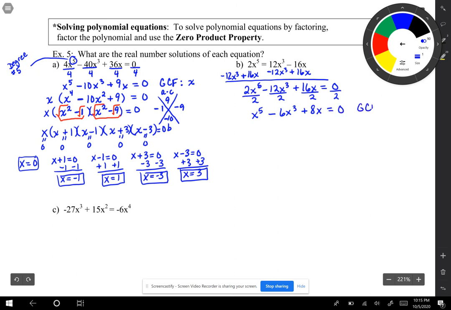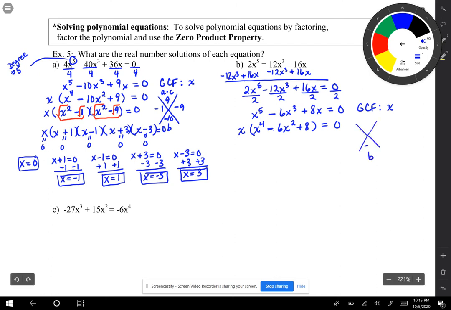Now the GCF, they all have an x in common. So factor it out. First term is just going to have 1 less because you factored out one of them. Second one is going to have 1 less. I guess that's an easy way to think about it. And the third term is going to have 1 less, so it's not going to have any. And then we're going to use the x factor.